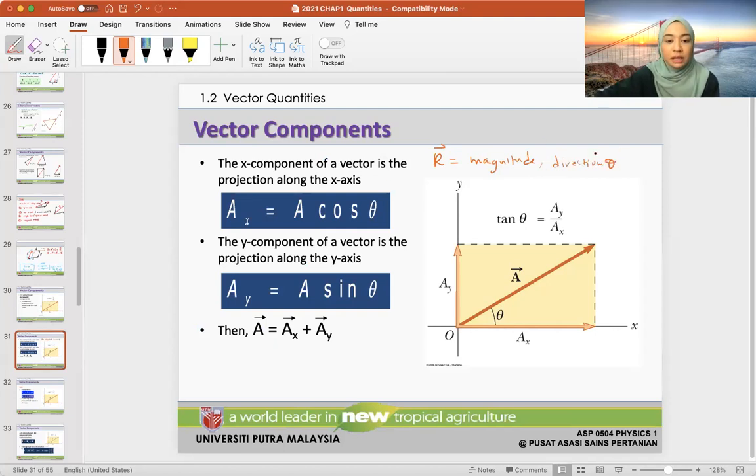If I know the magnitude, I put it inside this equation, and this is where you put in the angle. So Ax equals A cosine theta. Sorry, A cosine theta gives me the x component and A sine theta gives me the y component. So I can find the x and y components of any vector, provided that I know its magnitude and direction.